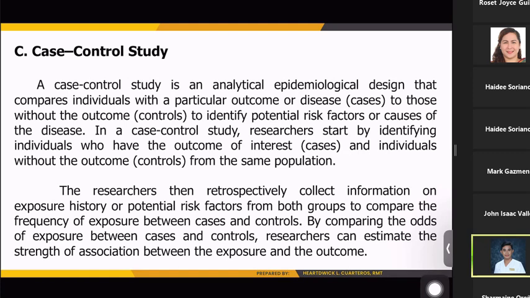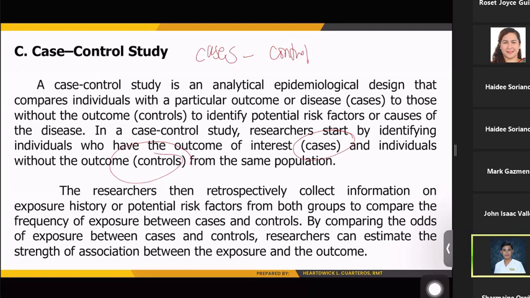So in a case control study, researchers now start by identifying individuals who have an outcome of interest, or cases, and individuals without the outcome, or your controls. So it's between your cases and your controls. Okay?